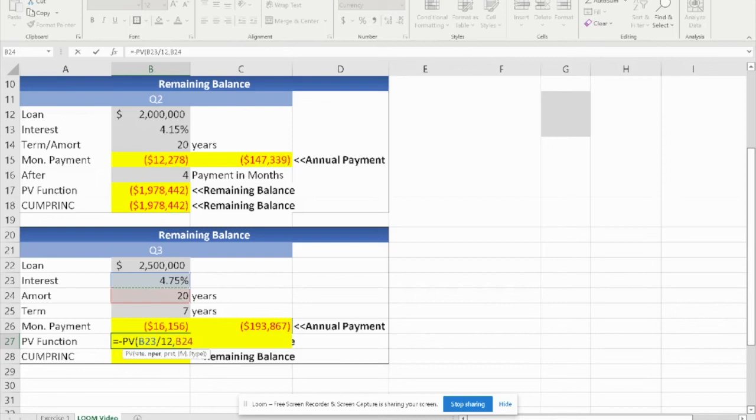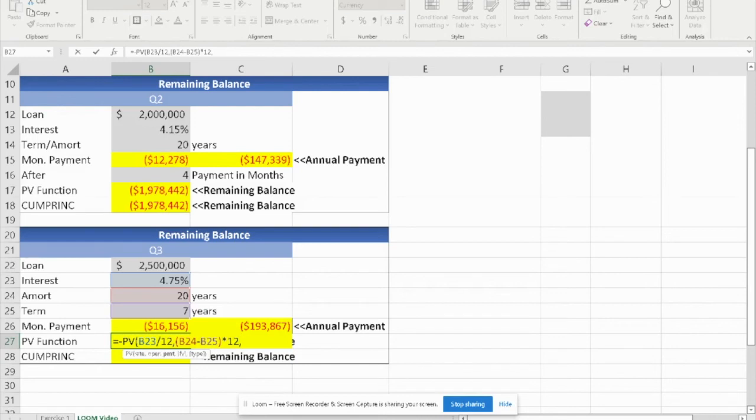20 years minus the term, but we're going to put a bracket around it, and we're going to then multiply that by 12, since the monthly payment is calculated using the monthly payment.